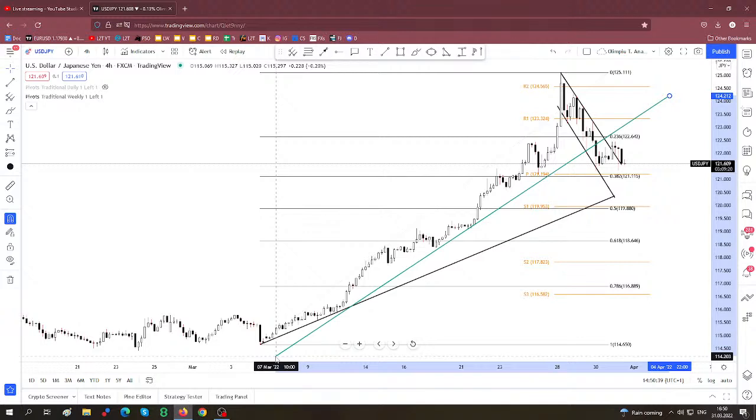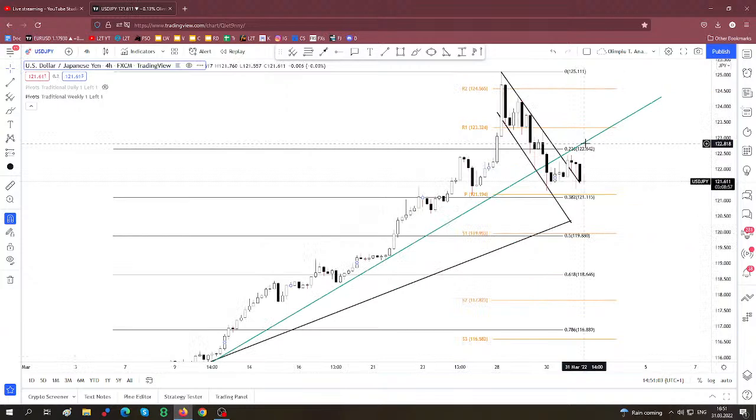So I'm not long here on the US dollar versus the Japanese yen because you can see that we are in a corrective phase. Breakdown. It has tried to retest the broken uptrend line, and right now it tries to resume its sell-off, its downside movement. It has escaped from this pattern, from this channel.